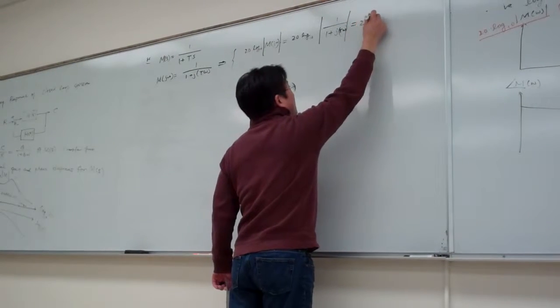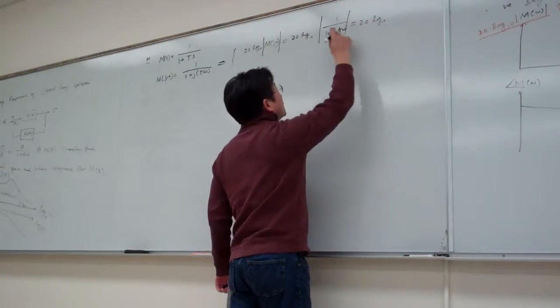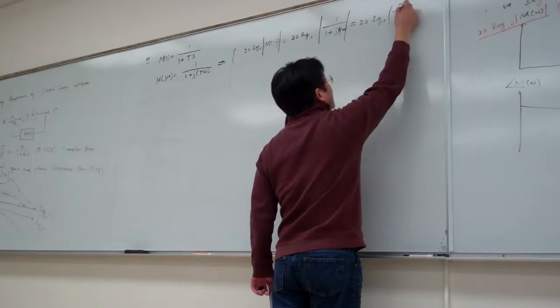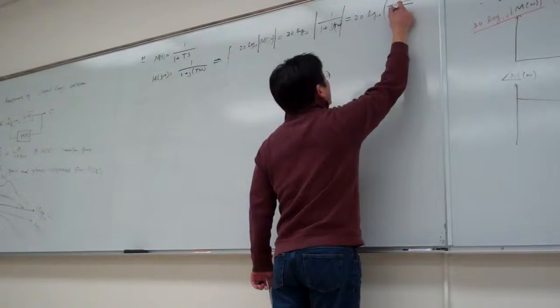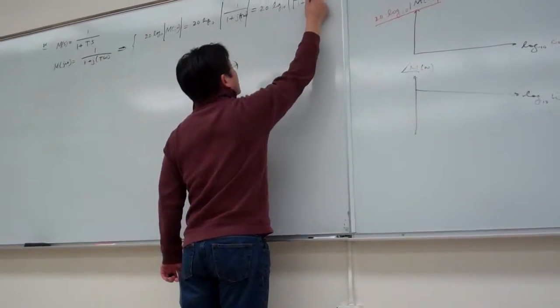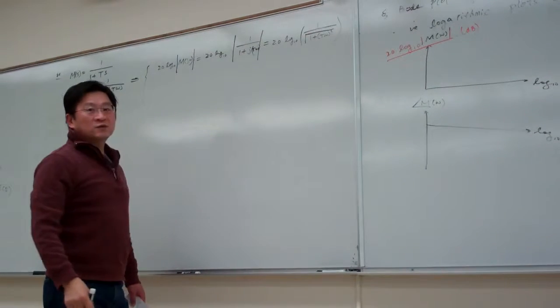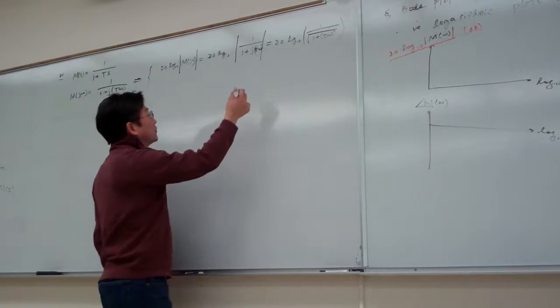Let me keep writing here. So that is log 10. This one basically is equal to 1 over the square root of 1 plus T omega squared. We first calculate the magnitude, and then we take it into the log equation here.